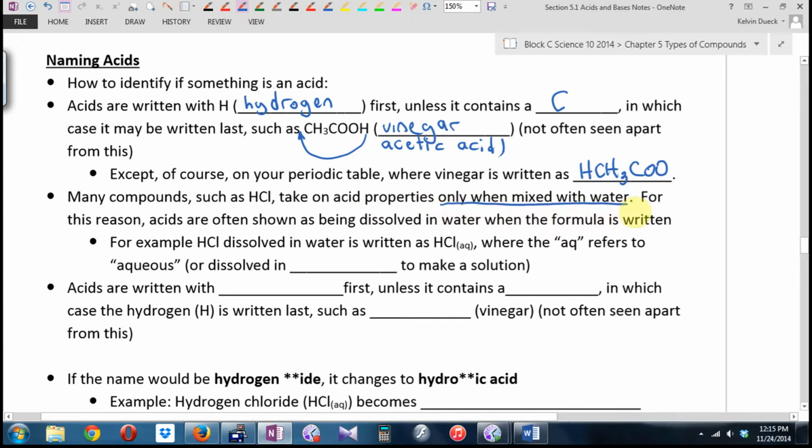For this reason, acids are often written, when you write their chemical formula, Jasmine, as being dissolved in water, which is a little aq for aqueous. So HCl dissolved in water is written as HCl aqueous. Dissolved in, what's H2O? You can write water or you can write H2O to make a solution.